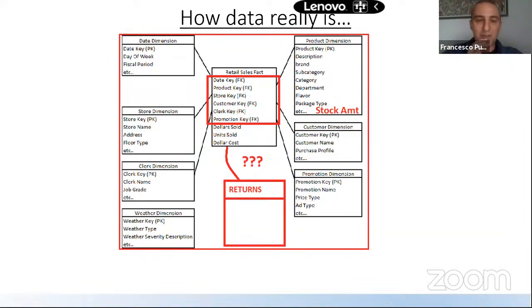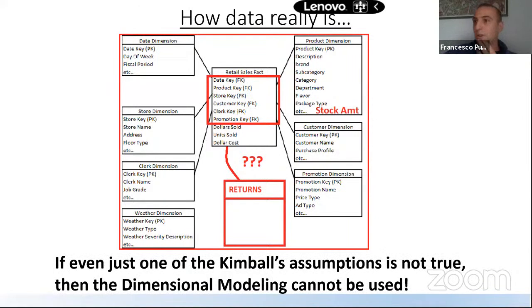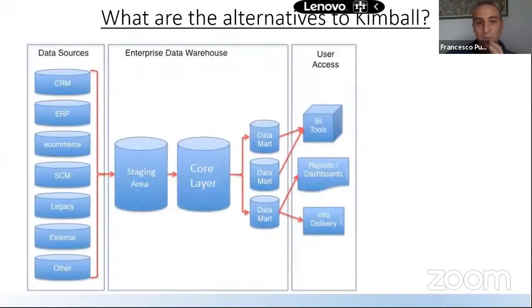So somehow this thing of not accepting that fact tables are connected to each other by nature is the reason why, in my opinion, I'm sorry I have to say it, dimensional modeling is a weak solution. Okay, so if even just one of Kimbo's assumptions is not true, then the dimensional modeling cannot be used.